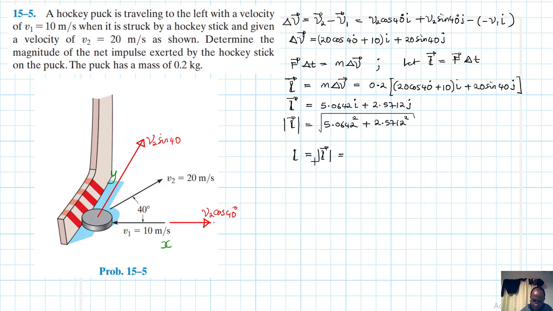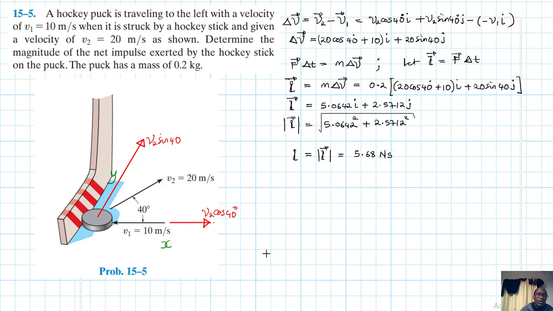This gives us 5.68 newton-seconds. Okay, so it's newton-second.